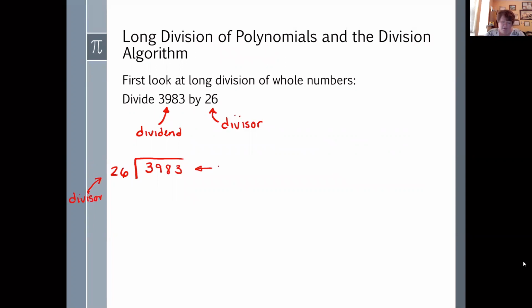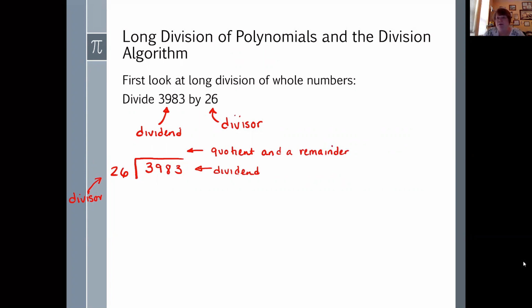This is our dividend. And what we get when we're done is called a quotient. Now we'll not only get a quotient, but we'll get a remainder. The remainder may be the number 0, but we do get a remainder.